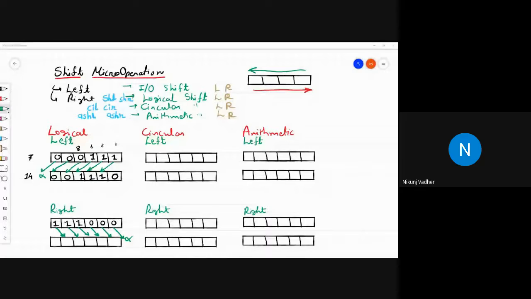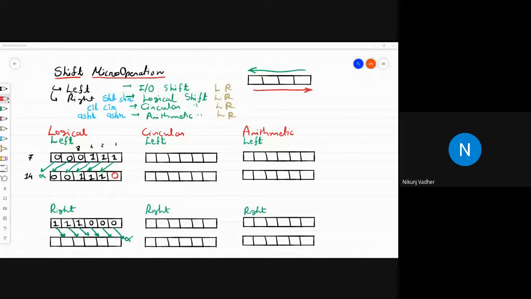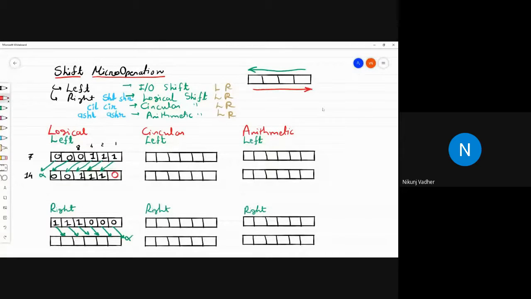Hassan, did you get it? Just remember, this last empty space will be filled with 0. We are shifting the bits, we are not copying them.